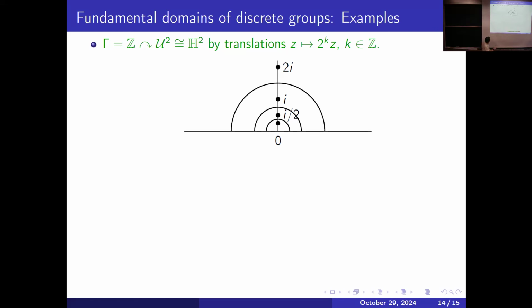If I take this strip, then my translation along the vertical geodesic sends this strip to the next one, and then to the next one, and so on.